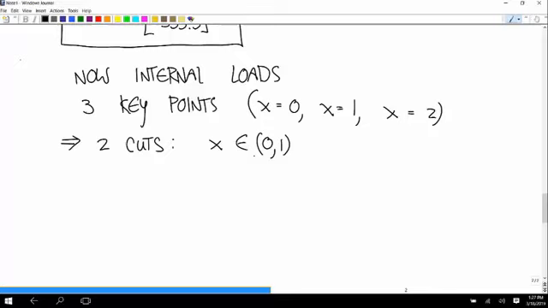You're always going from a solid left endpoint to some value x that's in this range, and that x value is always exclusive of that point. Maybe that'll be more clear when we do it too. So x is between 0 and 1, and then the other one is x between 1 and 2. So cut 1 represents any x values between 0 and 1.